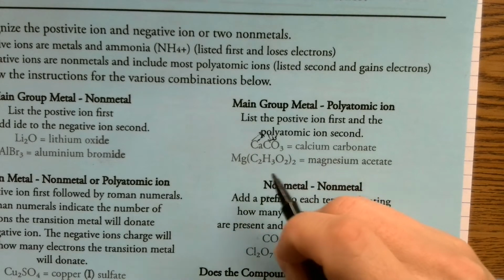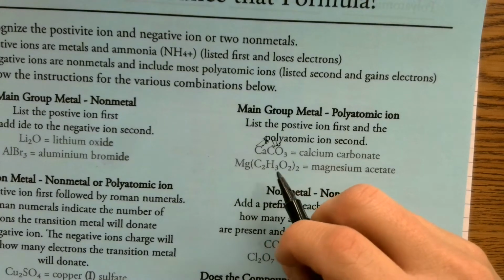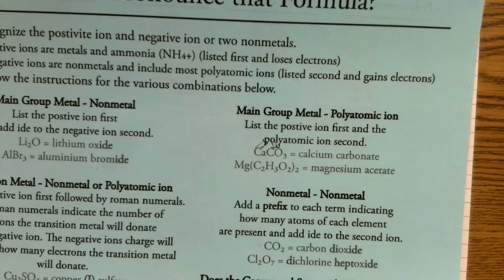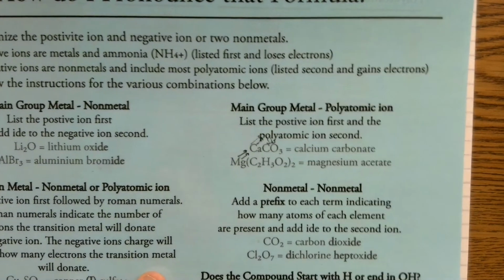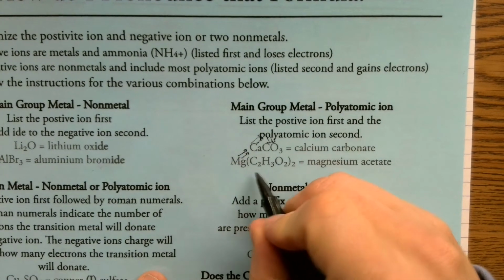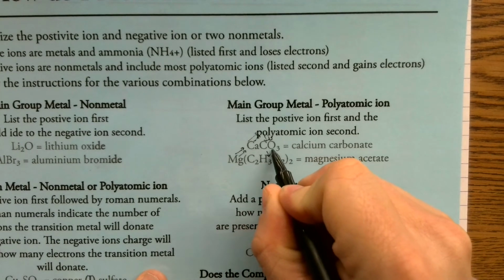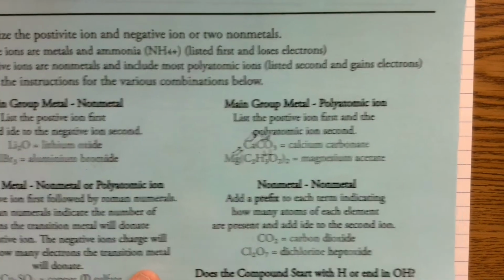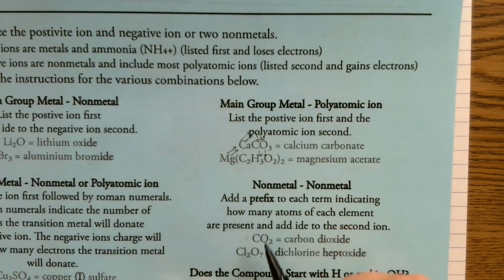Below we have magnesium and acetate. The thing we know about acetate is that it has a -1 charge, and magnesium is going to give 2 electrons away. Acetate can only take 1, so we need 2 of them so they can take 2 electrons. So it balances out. You always have to make sure your electrons balance.